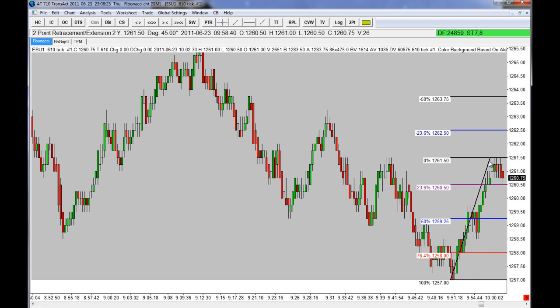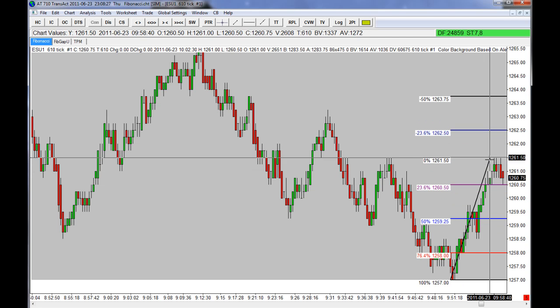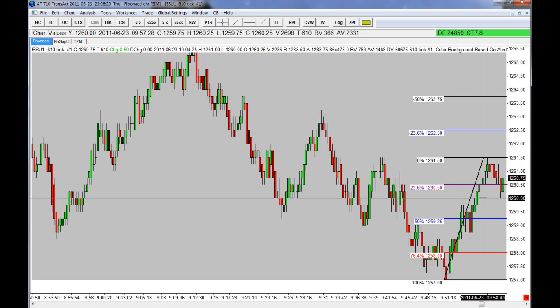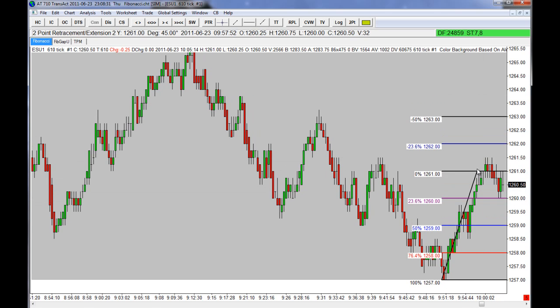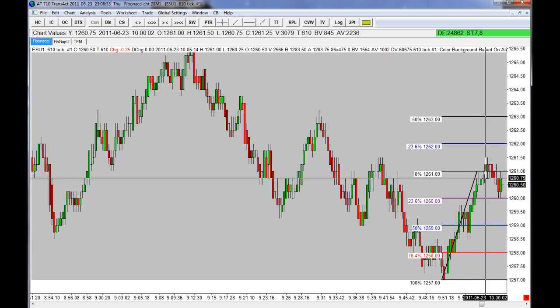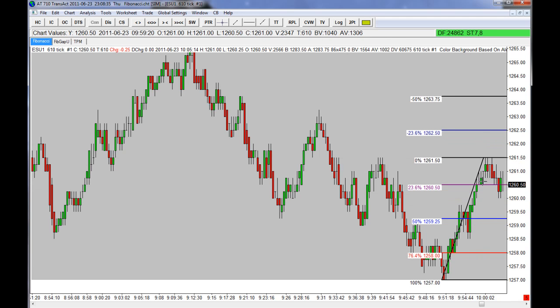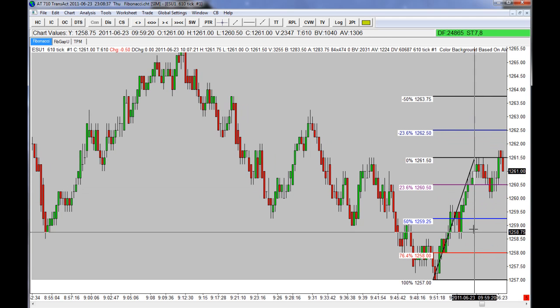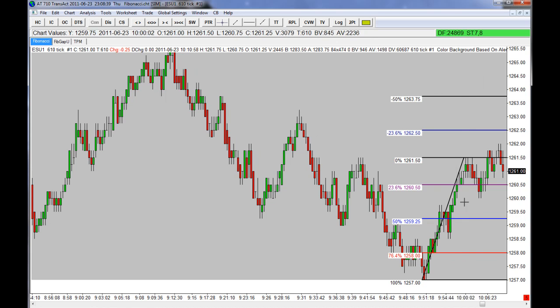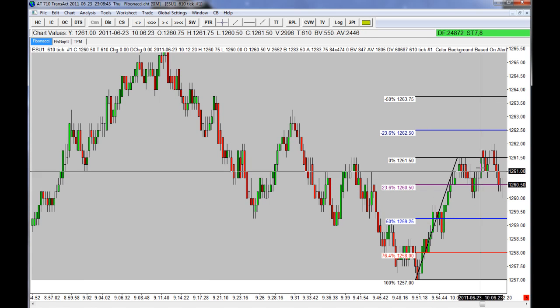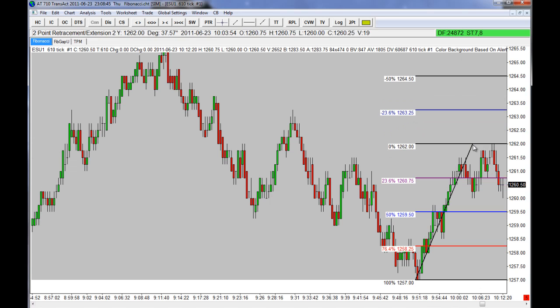Price then went above the 0% level, sorry, here, above 0% level, and retraced to 23.6, so I'm on the 0% line. Okay, again above the 0, down to 23.6.